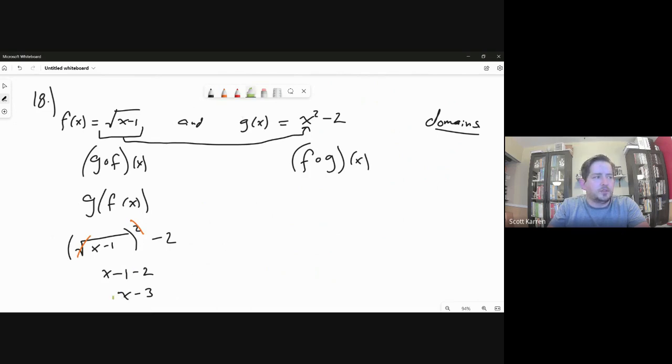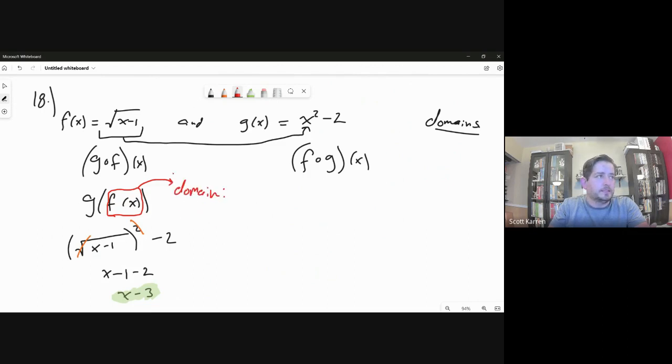And if you guess the domain based on your simplified value of g composition f, you might say it could be all real numbers, but the domain of f of x is carried all the way through. Because I can't plug in certain numbers for f, that means I can't plug in certain numbers into the composition. And so I have to worry about that inner function's domain.